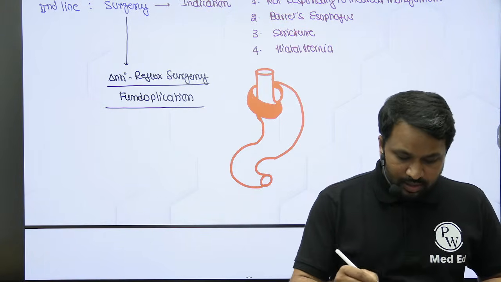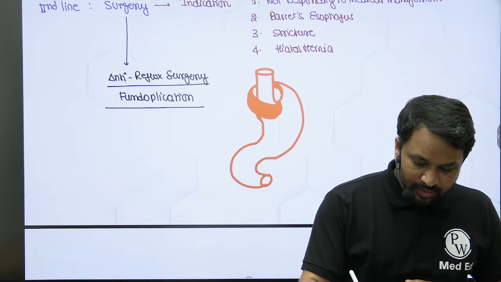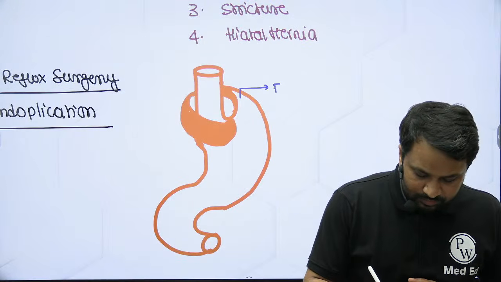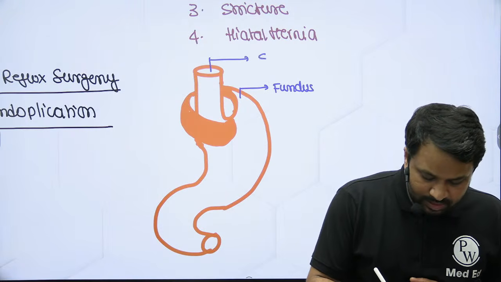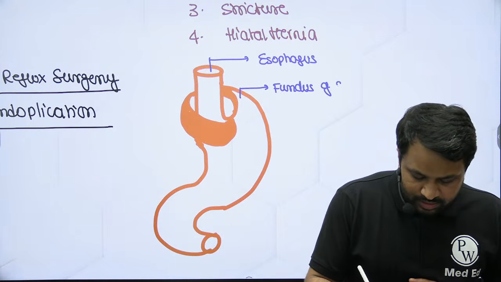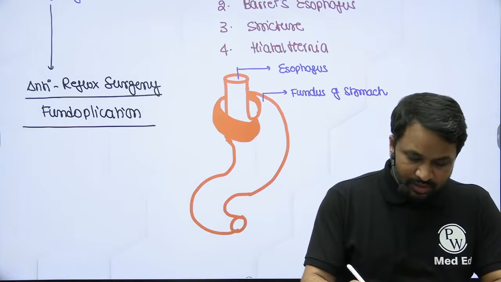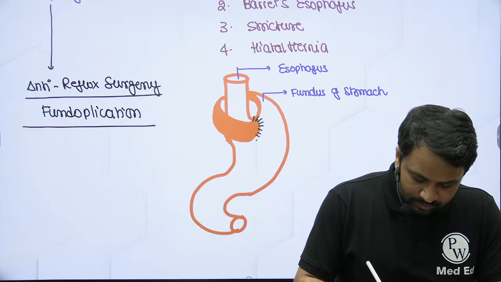Now this surgery where you're taking the fundus of the stomach, and this is encircling the esophagus. It is encircling the esophagus, and once it is there, I'm going to suture this at this end.